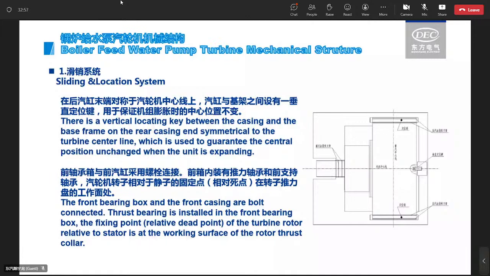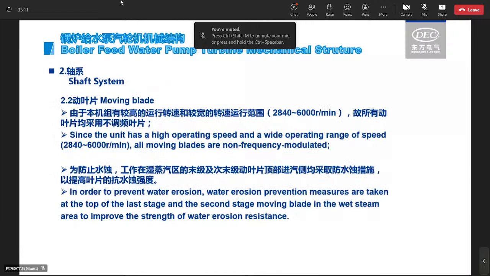To prevent water erosion, the last stage and the second last stage moving blades, working in the wet steam area, have water erosion prevention measures to improve their erosion resistance.